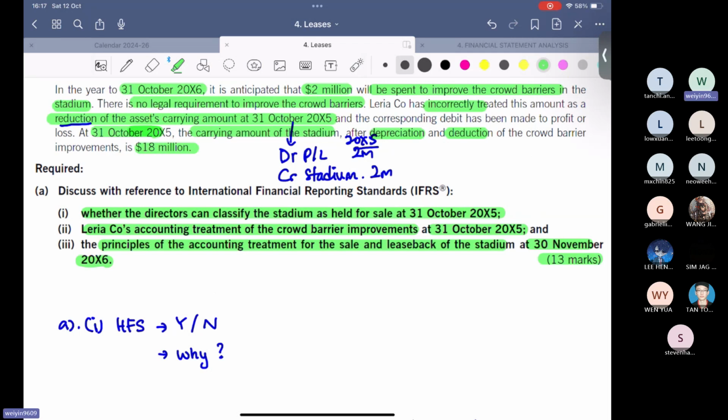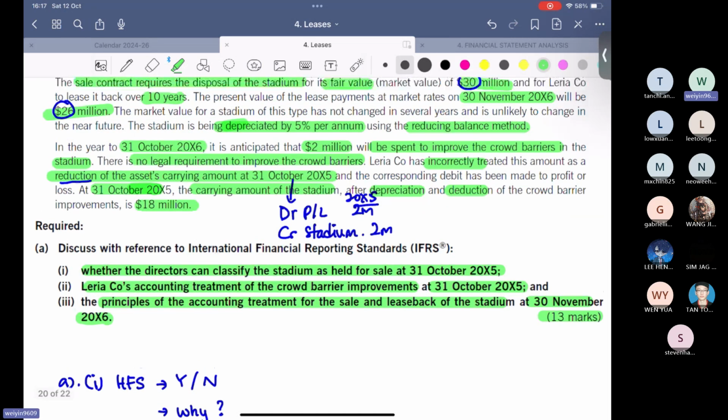All right, you already minus the 2 million, which is inappropriate. That means your asset is already reduced by 2 million. So definitely it is wrong. So you need to add back the 2 million into the stadium.